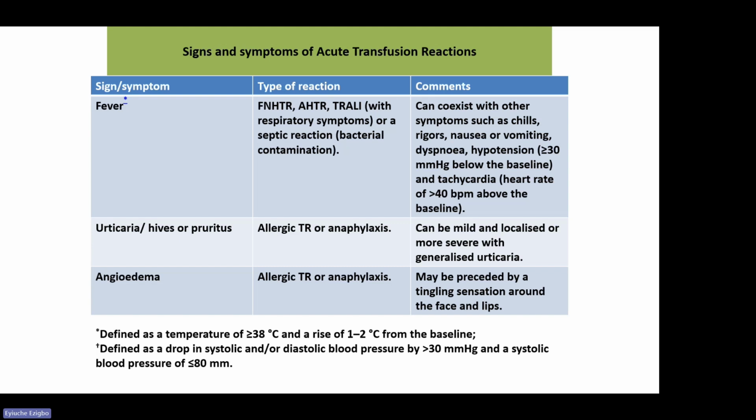We can find fever in febrile non-hemolytic transfusion reaction, or septic reaction. These are acronyms, short forms for some of these complications. We can find urticaria in allergic transfusion reaction or anaphylaxis, and angioedema.